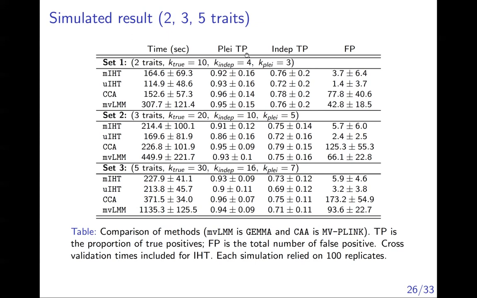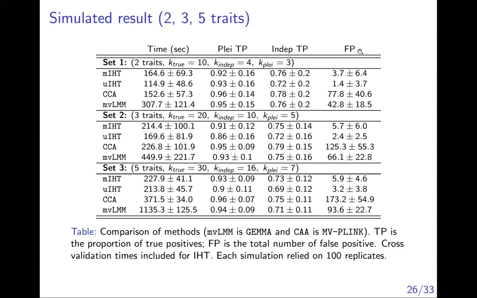And then we also looked at the statistical performance here. The pleiotropic true positive is the true positive rate of pleiotropic SNPs, and the independent true positive is the true positive rate of independent SNPs. Basically, IHT has a similar true positive rate compared to Gamma.